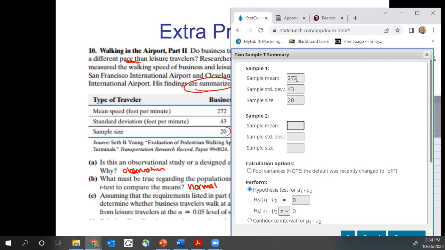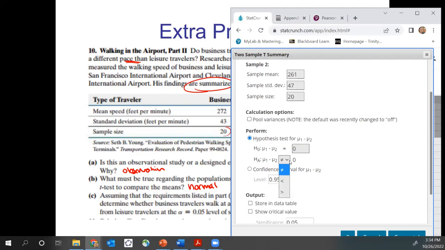And the second one was 261, 47, and 20. Do know that sometimes when you have independent samples, the sample sizes may be the same, but they may be different. And it doesn't matter because they're totally independent samples. So it doesn't matter if the sample sizes are the same or not. Different. So we want that. There we go.